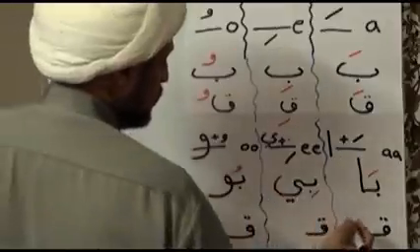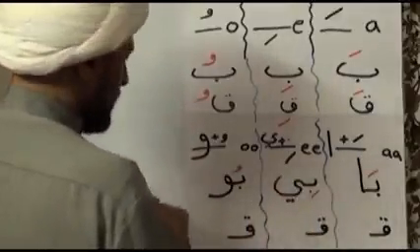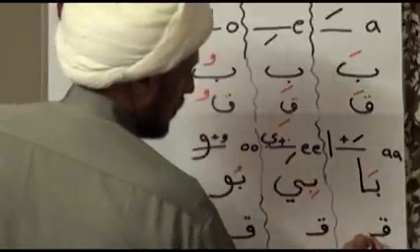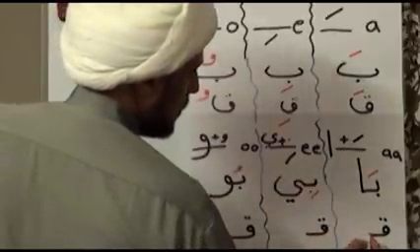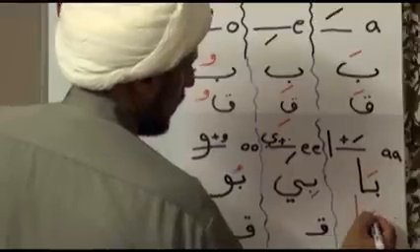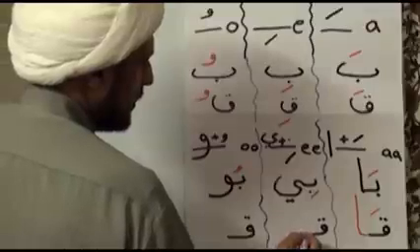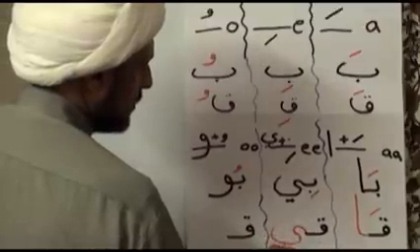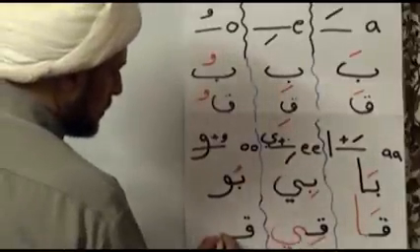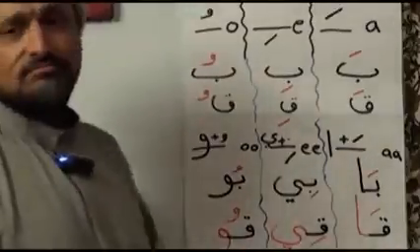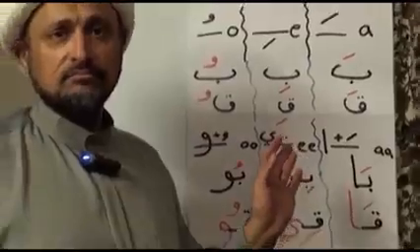So now we are using both. So that's why let's use this color to express the vowel. So qaa. See? Alif, aa. Ya. Remember our duck? Qii. Quu. That's all in vowels.